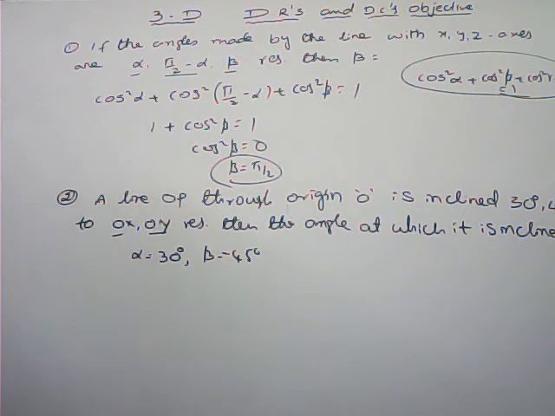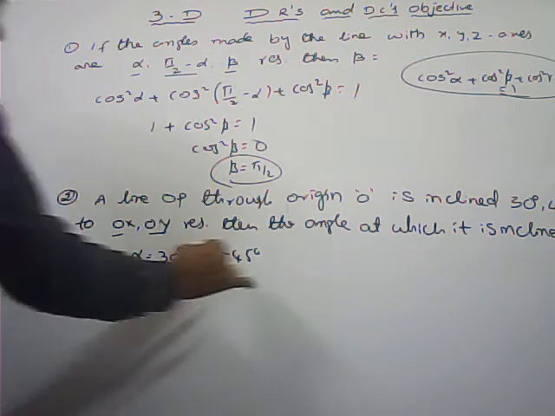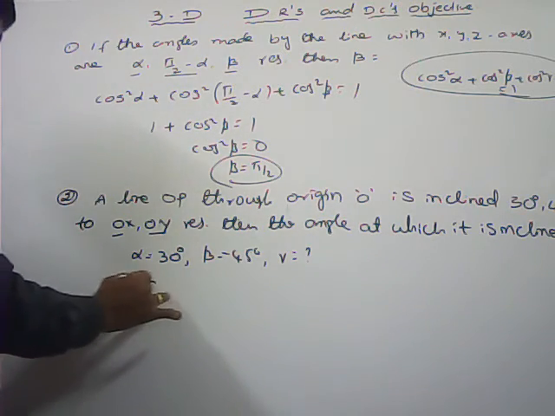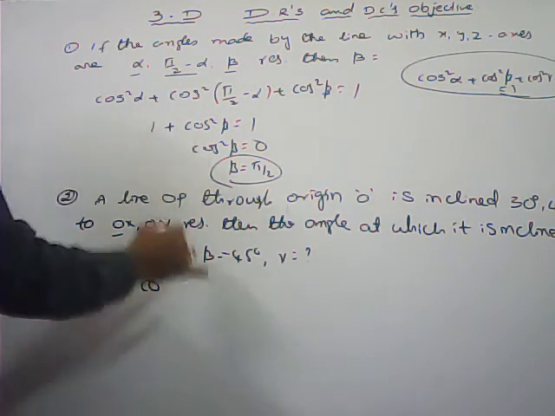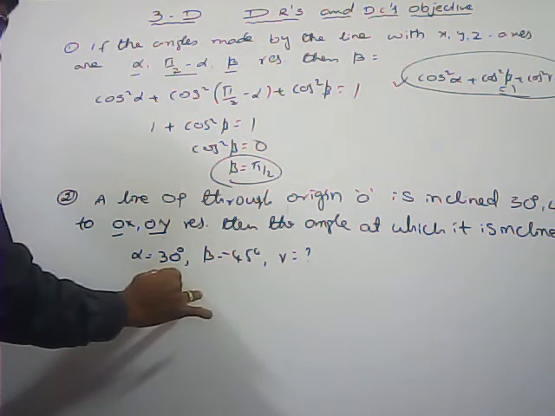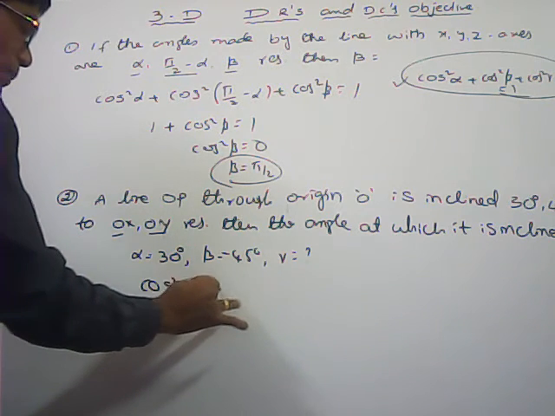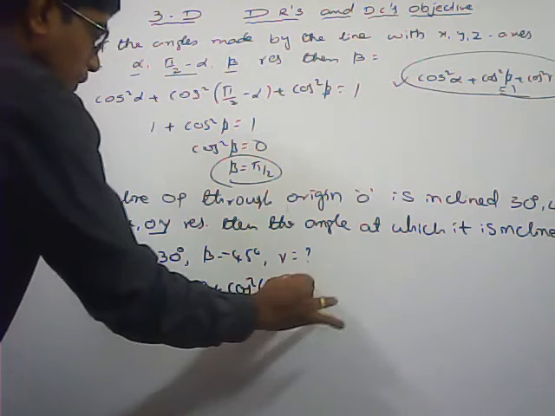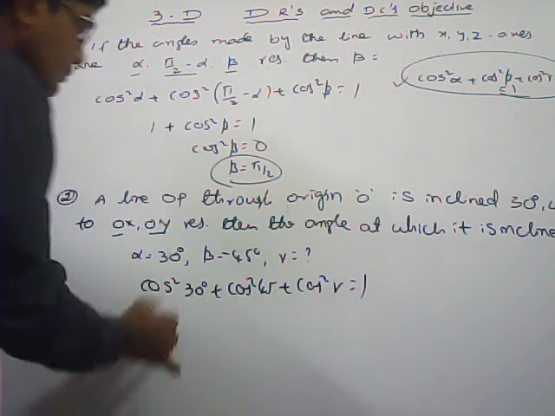Then the angle at which it is inclined to OZ, here they are asking gamma is equal to how much. Here also you can write the same condition: cos square alpha plus cos square beta plus cos square gamma is equal to 1.